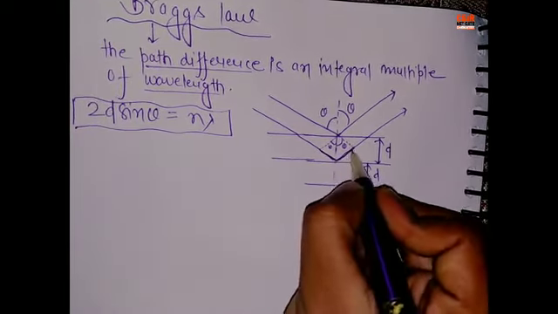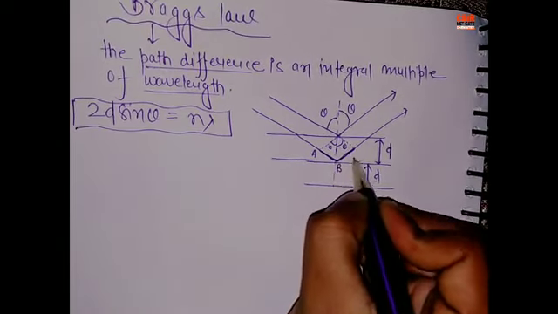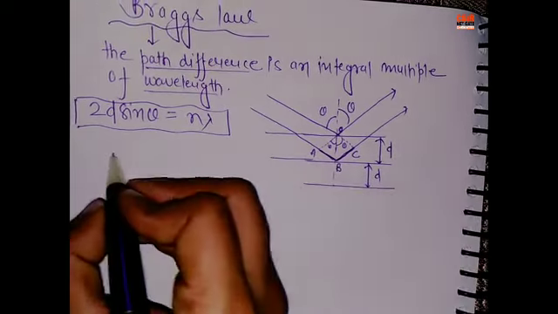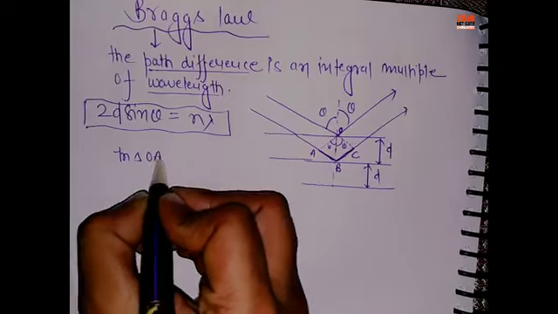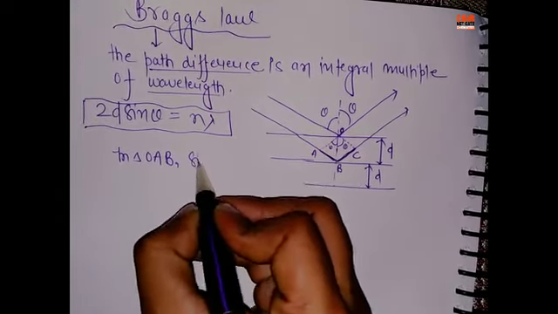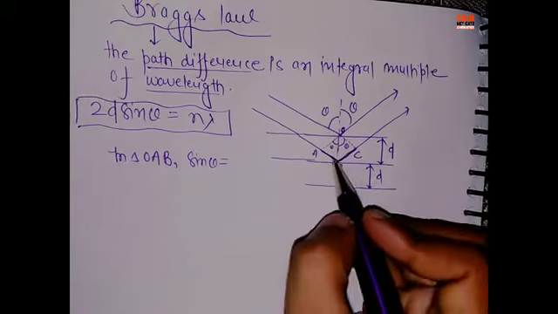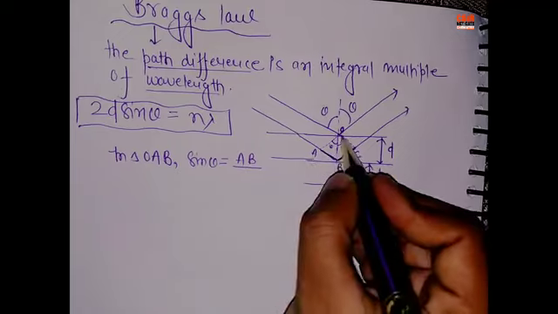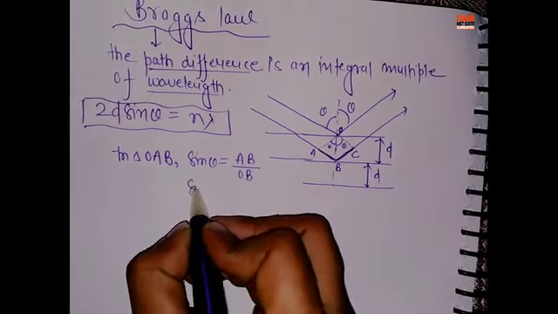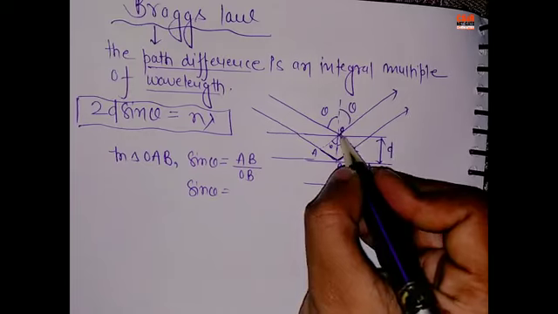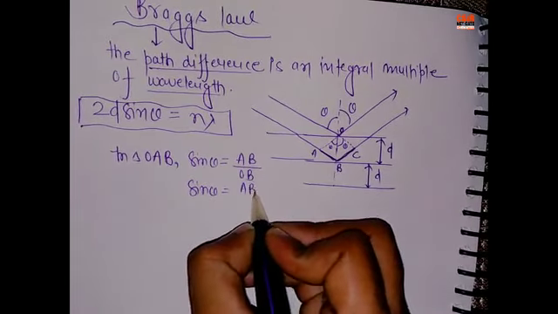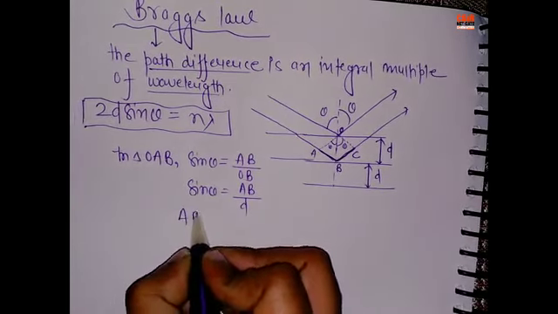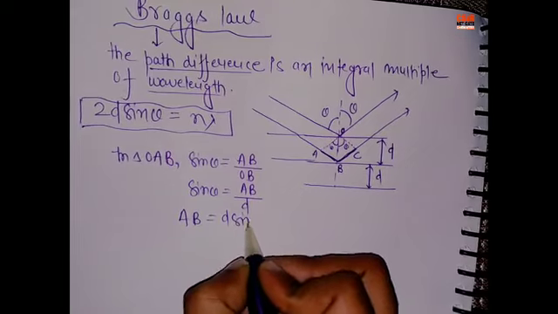Let's say this is A, this is B, this is C, and this is O. In triangle OAB, sine theta equals perpendicular upon hypotenuse, so sine theta equals AB divided by OB. OB is nothing but d. That means AB equals d sine theta.